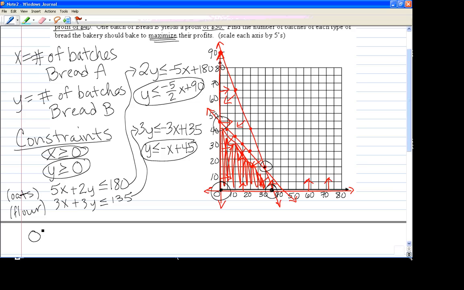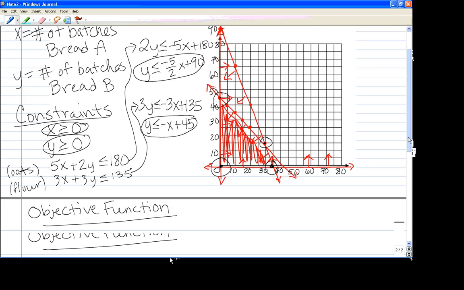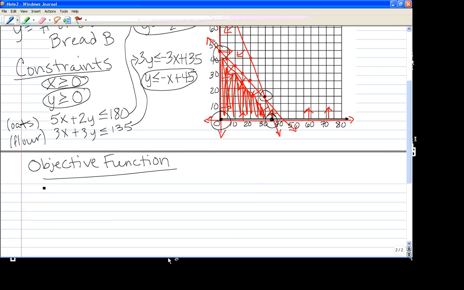So for the profits, P equals, we're getting $40 for each batch of bread A, which stands for x. So $40 times the number of batches of bread A plus $30 times the number of batches of bread B will give us our profit.